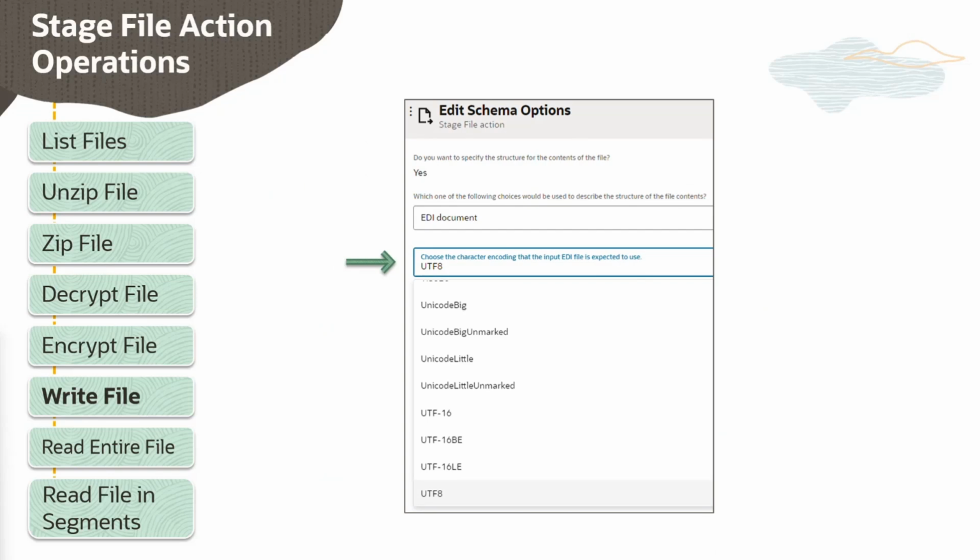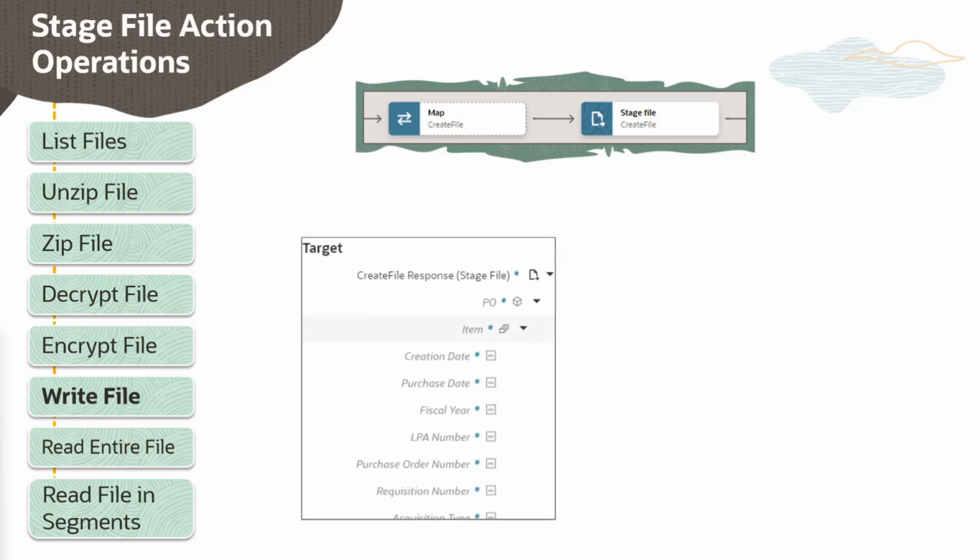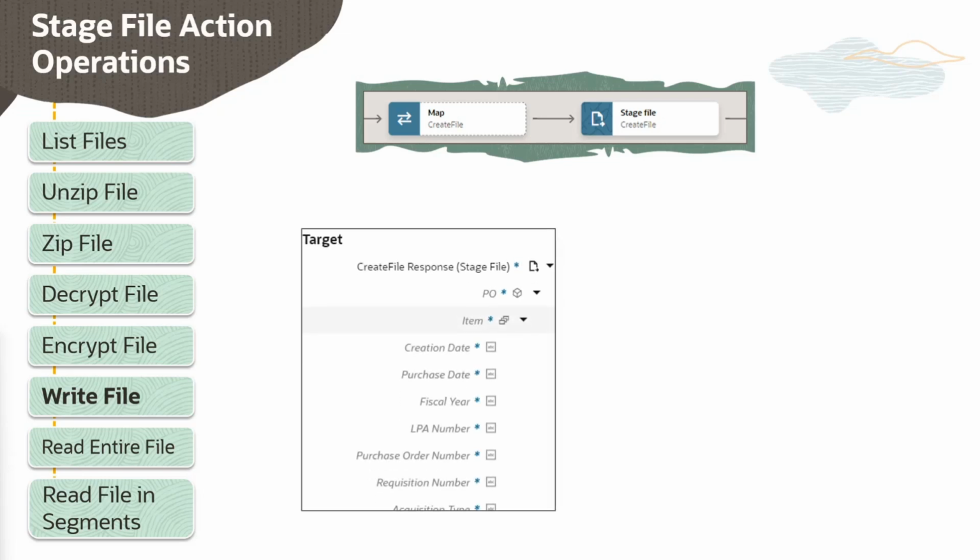And if you select the EDI document option, you only need to indicate the character encoding the file is expected to use. And finally, unlike all other stage file action operations, when you complete this configuration, a new map action will be added to the integration flow so that you can create the mapping to define the contents of the file you wish to write.